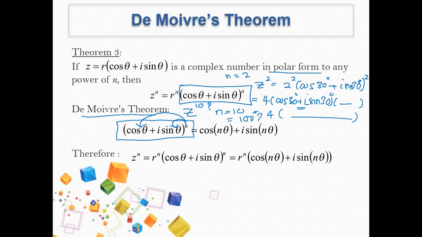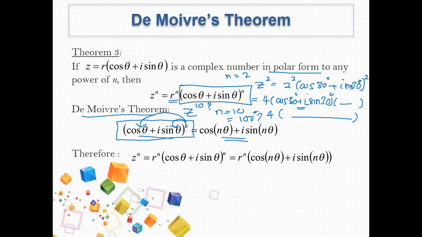The De Moivre theorem says if your trigo term is to the power of n, you just multiply the n to the theta, to the angle. That's it. And for your r, whatever the power of z is, your r also follows.